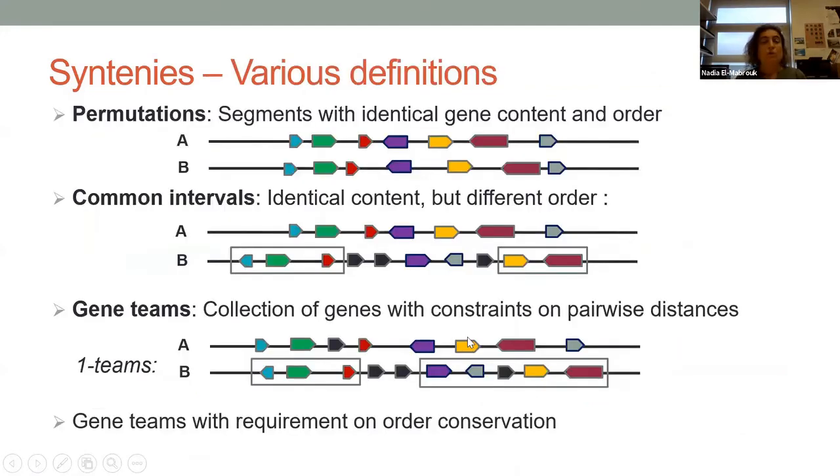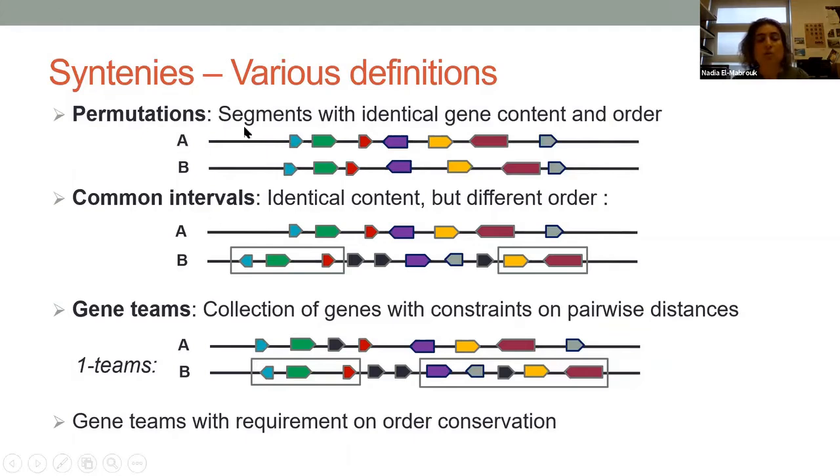So we have the evolutionary definition of syntenies, regions deriving from a common ancestral region, but of course we don't have direct access to evolution, so we have to identify them based on some constraints. From a combinatorial point of view, the notion of two regions being syntenic has been defined in several ways, ranging from a strict requirement in terms of conserved segments with identical gene content, order, and orientation.